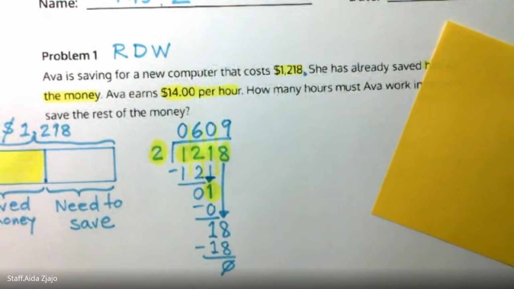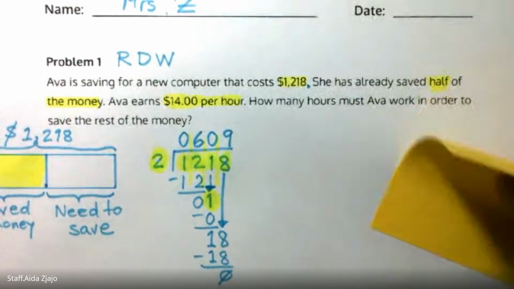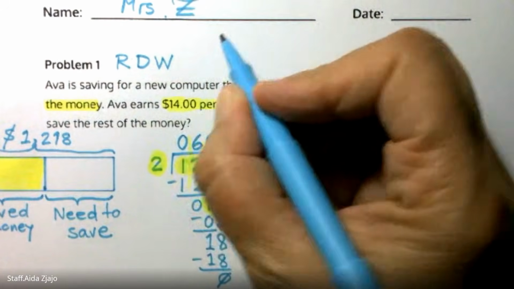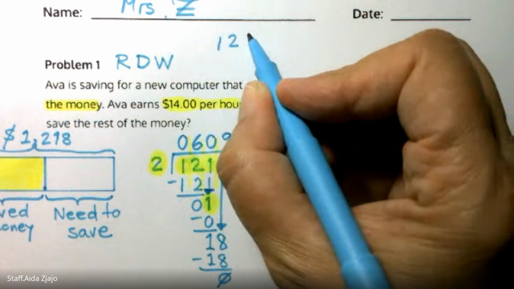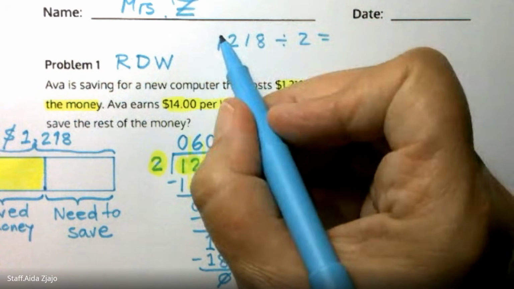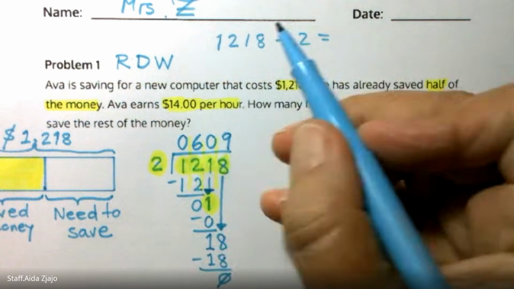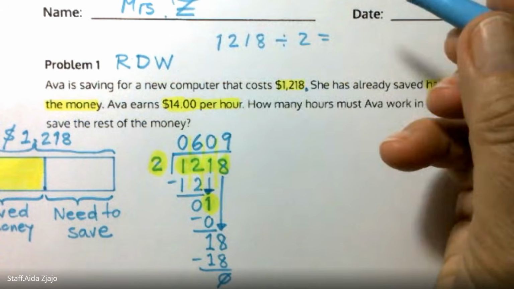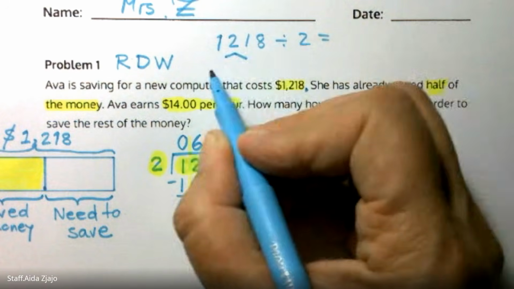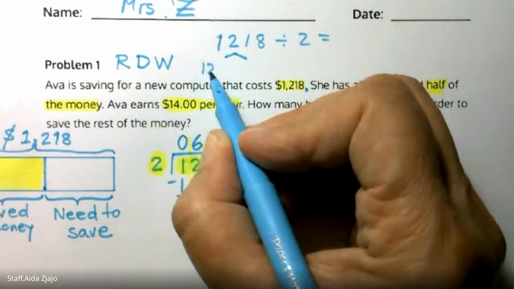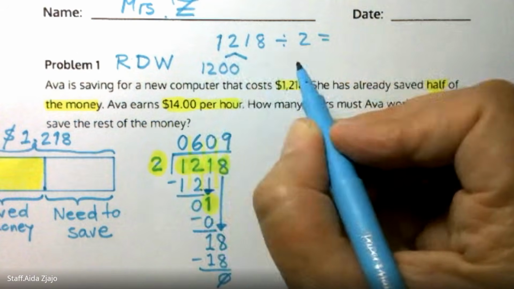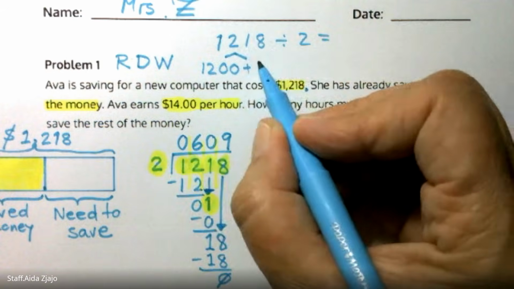That is how we use the standard algorithm, but you should always observe the numbers, guys. If I have $1,218 and I need to divide it into two pieces, I don't need the standard algorithm because it's easier if I break this number into two parts. I know that 12 is divisible by 2, so this group is 1,200 and then 18.